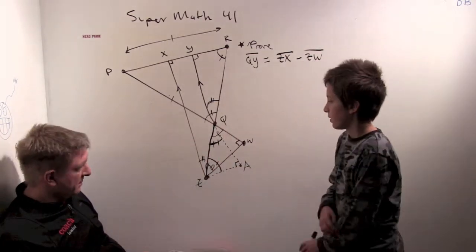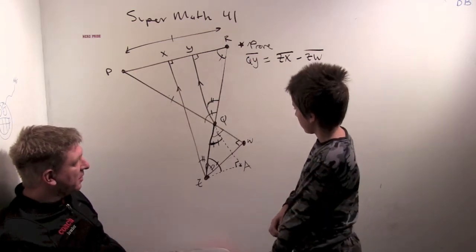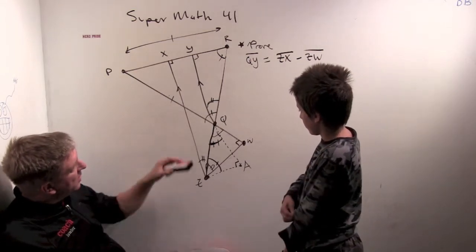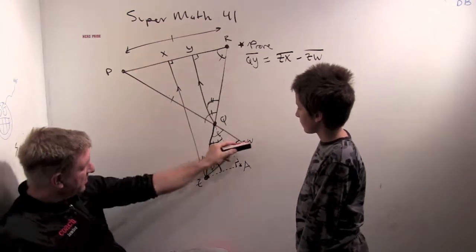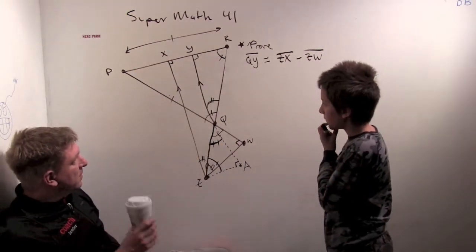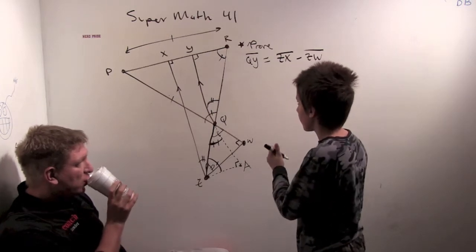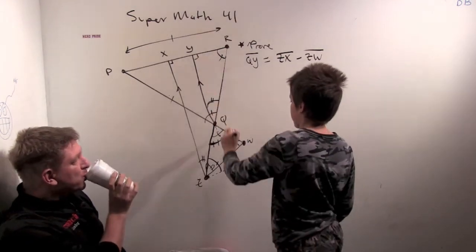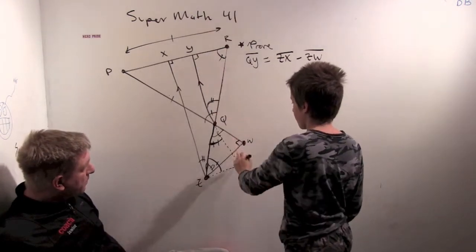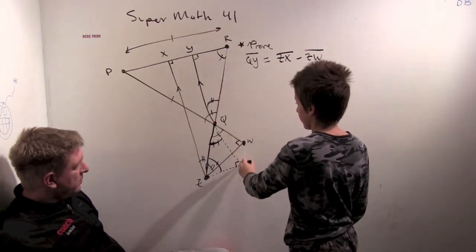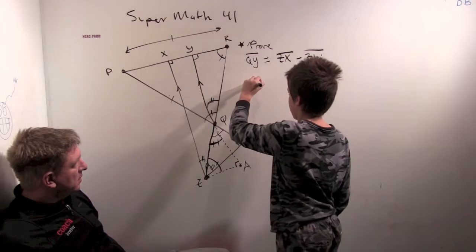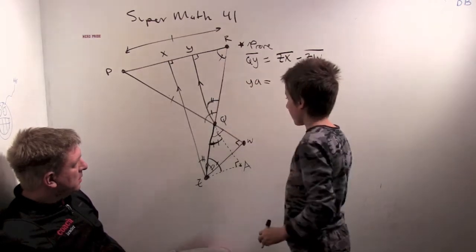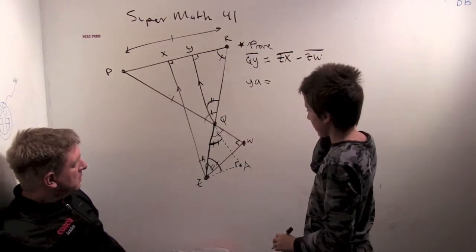Okay, and now how does this help us show that QY is the same as ZX minus ZW? Well, we can have QY, we can have the full thing, which is YA.